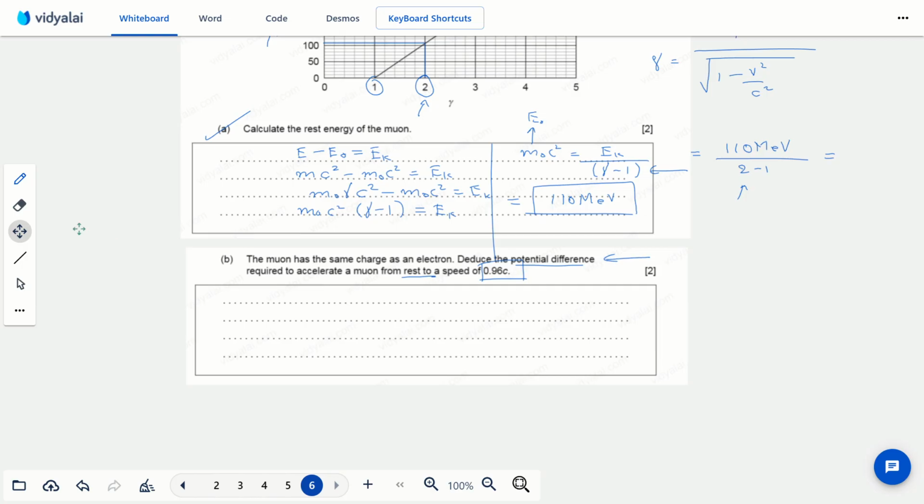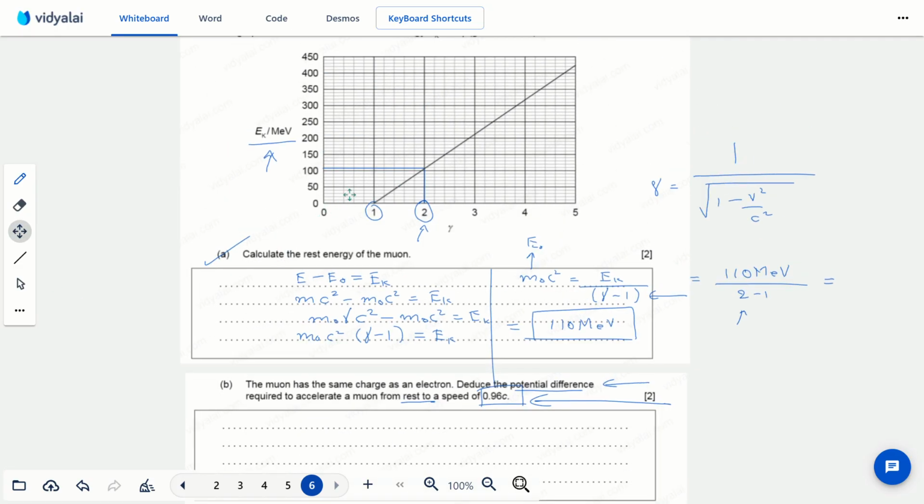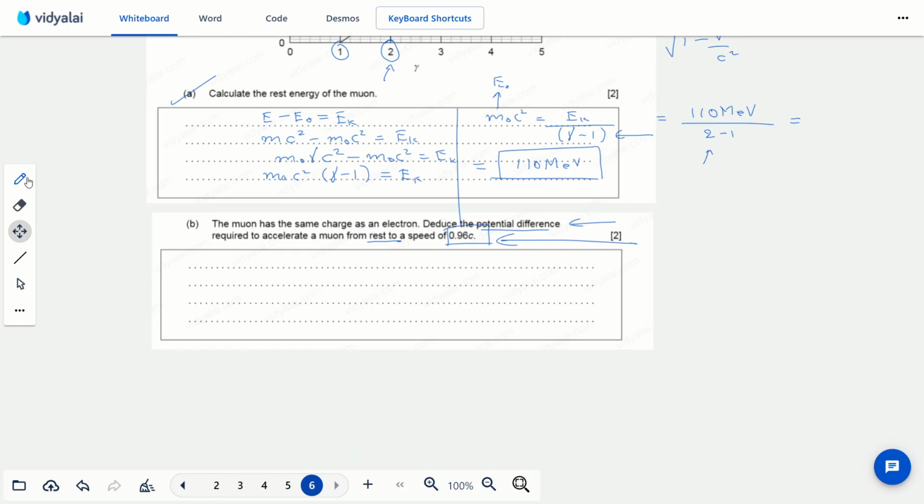So let's find out the gamma factor for this speed, and then using that we can find out the kinetic energy, which is going to tell us the potential difference that's required to do this job. So gamma is given by 1 over square root of 1 minus v, here 0.96 squared times c squared, divided by c squared.